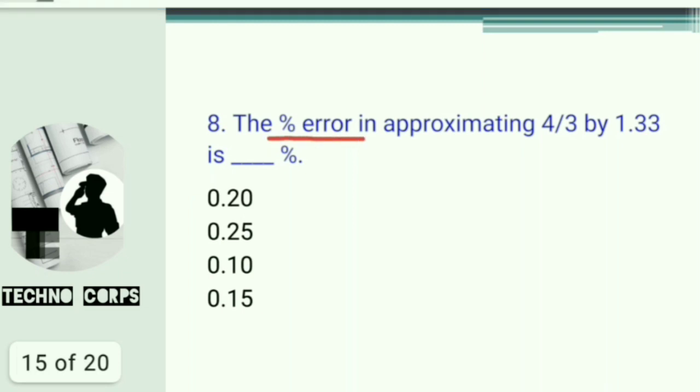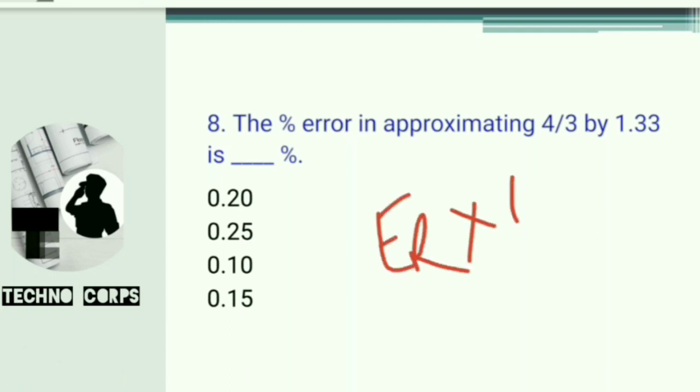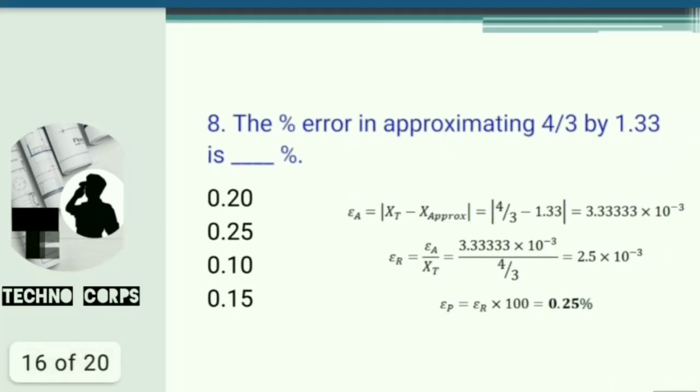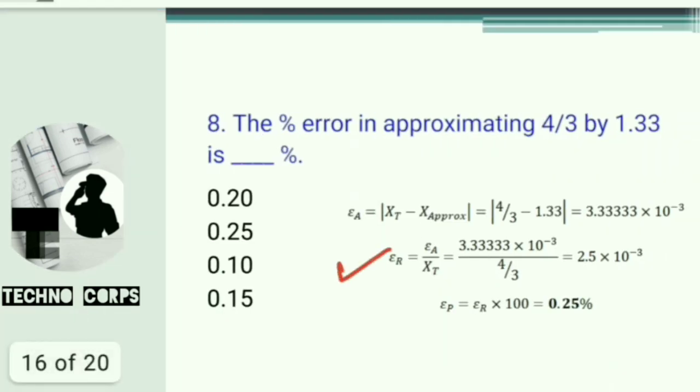The percentage error in approximating 4 by 3 by 1.33 is. What is being asked here? About the percentage error. What is percentage error? Percentage error is nothing but the relative error into 100. So first of all, we have to get the value of relative error. We know that relative error is the ratio of absolute error to the true value.